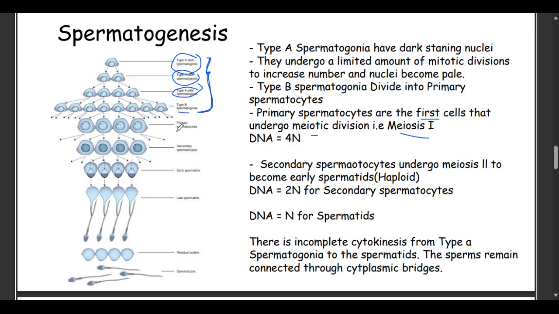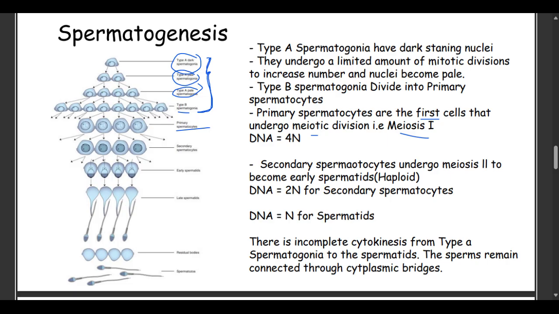So meiosis 1 happens in the primary spermatocytes, and then the meiosis that we talked about in the previous video about cell division, once that occurs, it's going to give rise to secondary spermatocytes. Secondary spermatocytes are going to undergo meiosis 2, that second type of meiosis.